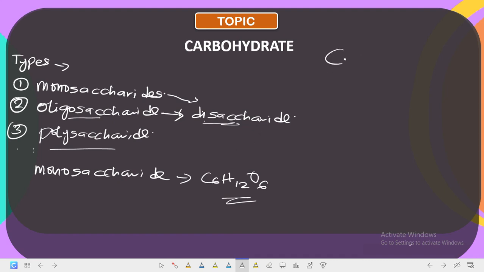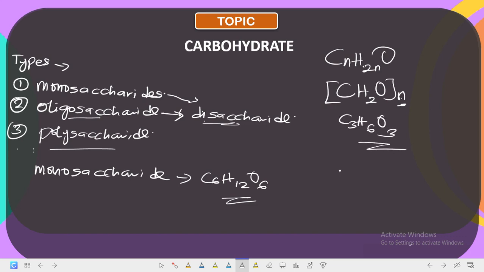Normally, all carbohydrates have the general formula CnH2nOn, which in most cases is given as (CH2O)n, where n is the number of carbons. So if we have 3 carbons here, it would be C3H6O3. Are you getting it? And this is the structure of glyceraldehyde or dihydroxyacetone.